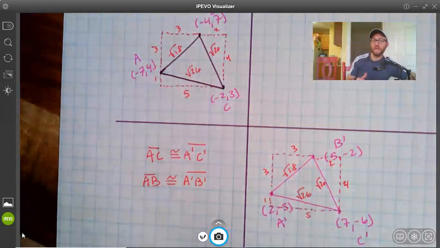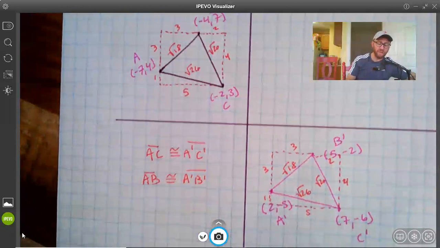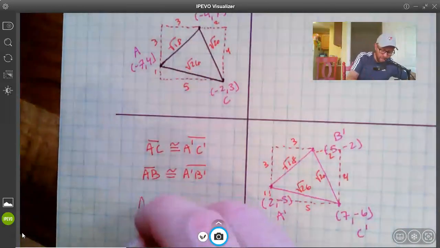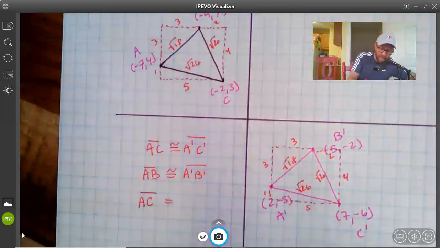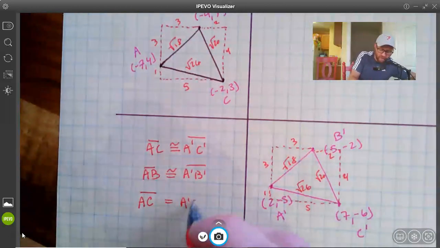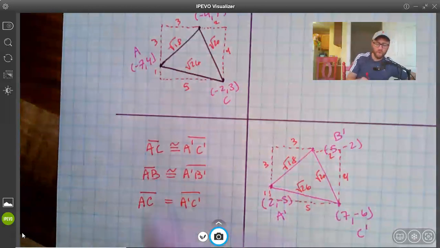And putting the line over top means we're naming a segment. If we don't have the line there, we're actually referring to the length of the segment, which would be this number, square root of 20, square root of 26, or so on. We know that BC, that's right here, is congruent to B prime C prime. Right? Oh, congruent to, forgot.